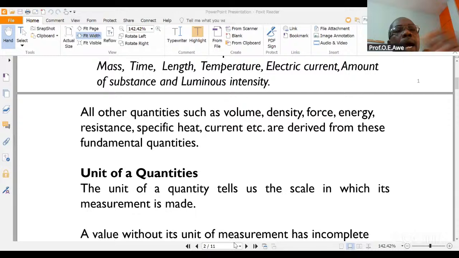We mentioned some 20 or 30 minutes ago that for a quantity we want to measure, there are two things of interest. The first is the size of that quantity, the magnitude that you have measured. The second is the unit, that is the reference point, so that with that reference point, one can quantify.